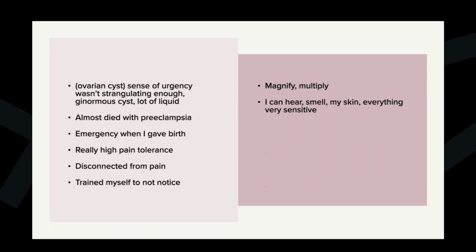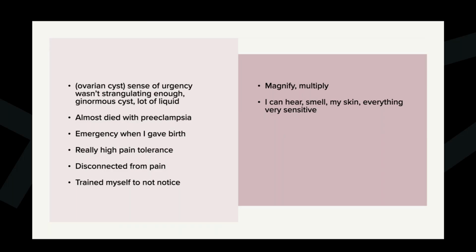And one of them had an ovarian cyst and I said, tell me more. And they said, it was like this sense of urgency wasn't strangulating enough. The doctors didn't do surgery fast enough. It was a ginormous cyst with lots of liquid. So this person had some very horrible, painful things. They both did have a lot of problems with pregnancy and labor. One almost died with preeclampsia.